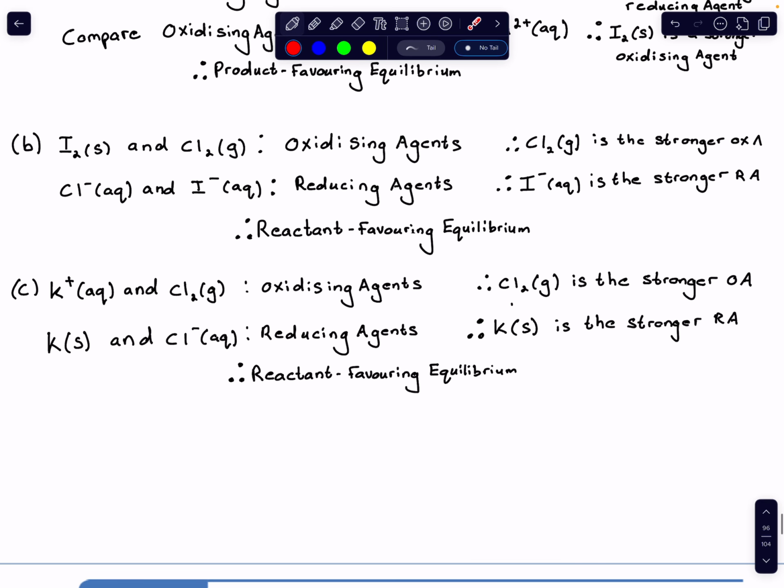So the pairs that we are considering here in question D are, of course, K+ aqueous and water liquid, and that is for oxidizing agents.